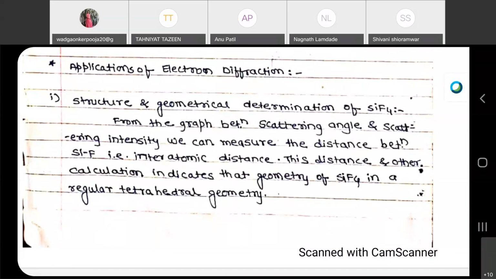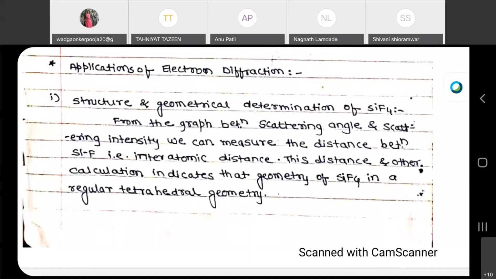Now, some of the students may get confused with the heading. They may ask: ma'am, you told us in XRD class that XRD is useful to determine the structure and the geometry of solid molecules, so why have you mentioned here the structure and geometrical determination of SiF4 molecules?